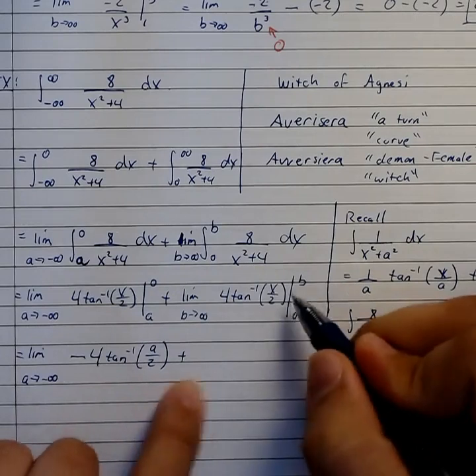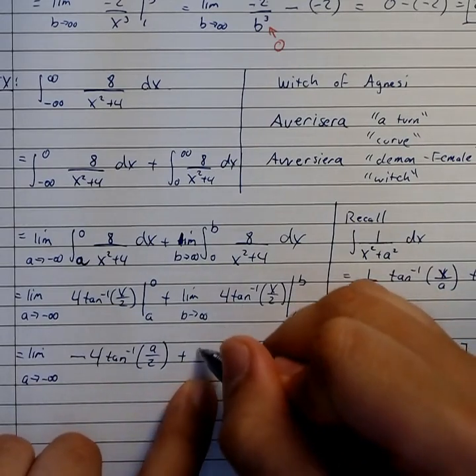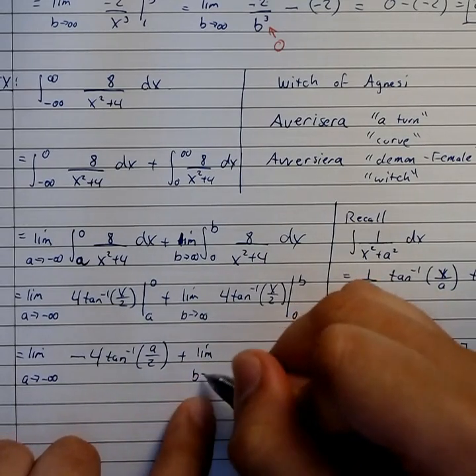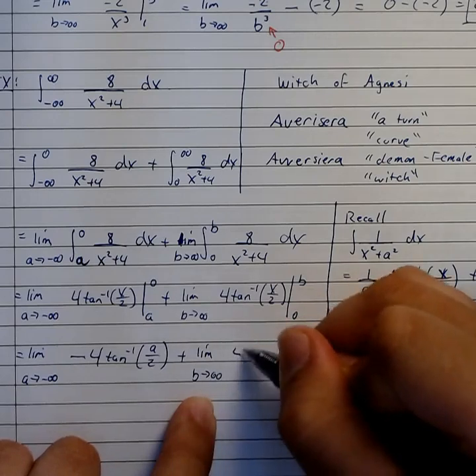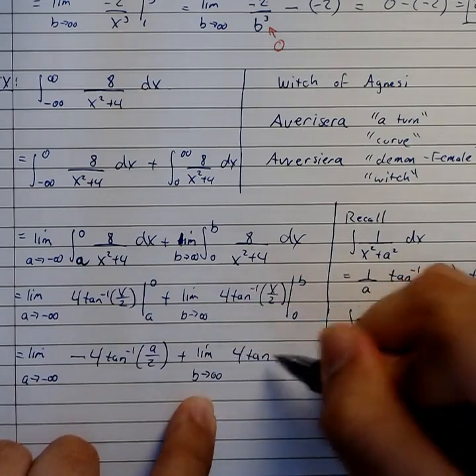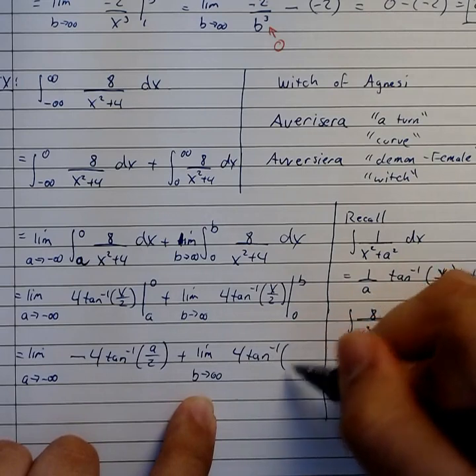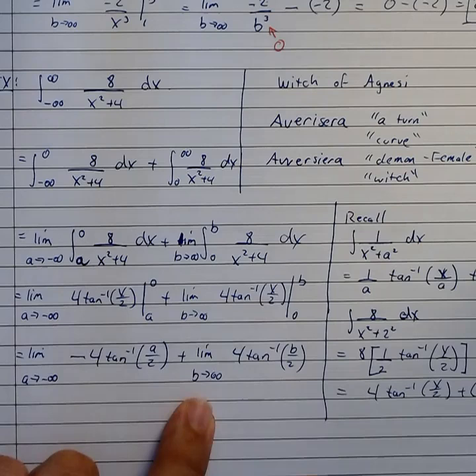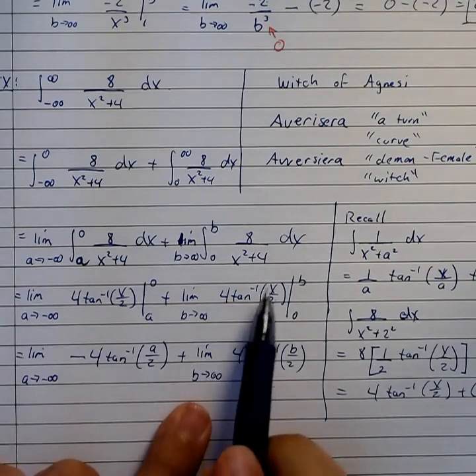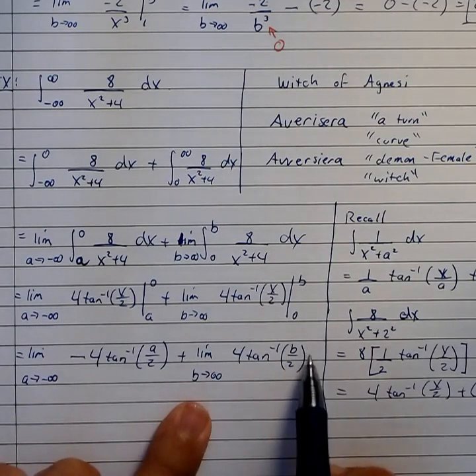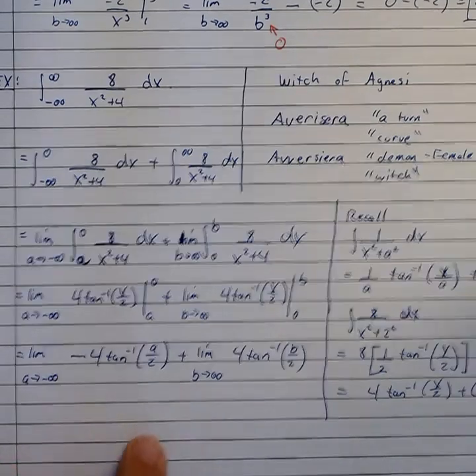Plus, if I plug in b, I still want to take the limit. The limit as b approaches infinity of 4 times the inverse tangent of b over 2. And if I plug in 0, the arctangent of 0 is 0. So I could say minus 0, but that makes no difference.